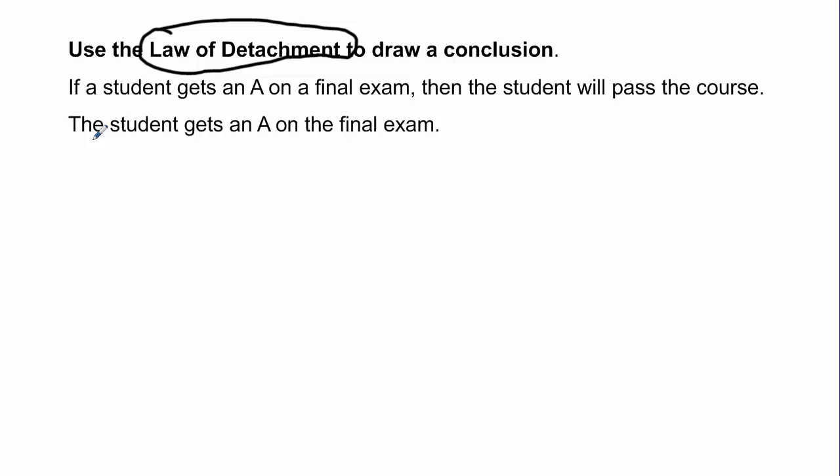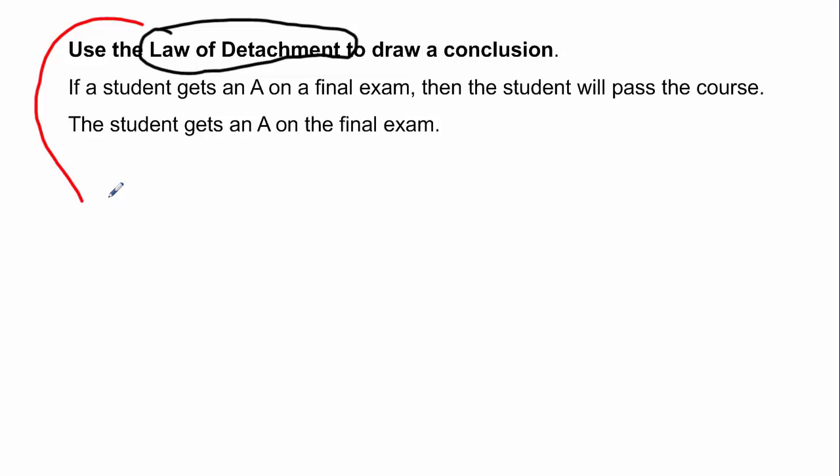And then they also told me that the student gets an A on the final exam. So, use the law of detachment to draw a conclusion. You really have to know the law of detachment, and in my experience, using the notation really does help you understand how to come up with an answer.